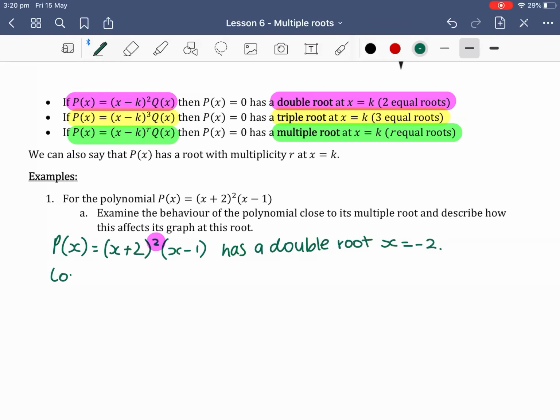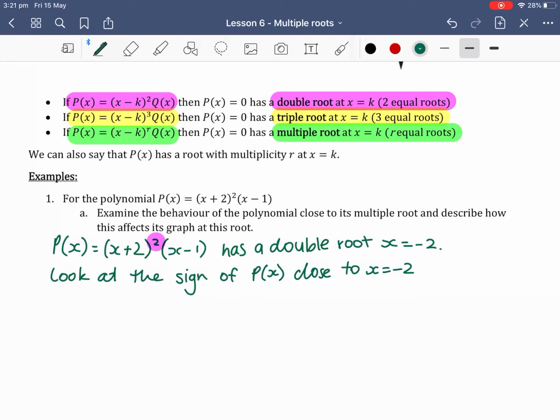And so we want to look at the sign of P(x) close to x equals negative 2. We're going to do one on the left-hand side of x equals negative 2 and one on the right-hand side, so one less and one greater.